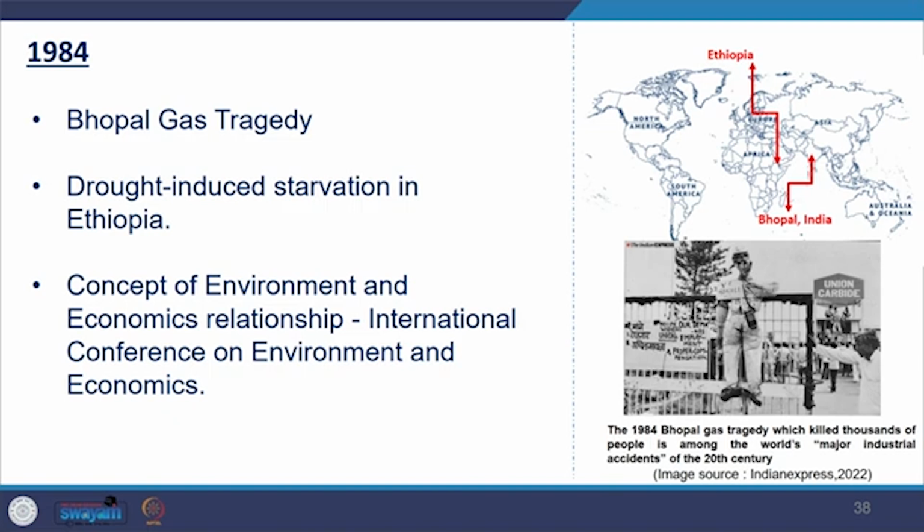Apart from this, in the same year, we also see that in Ethiopia there was drought-induced starvation, in which the range of death is from 0.2 to 1 million people who died in this particular drought-induced starvation in Ethiopia. So you see the poverty, you see the industrial development aspect here.